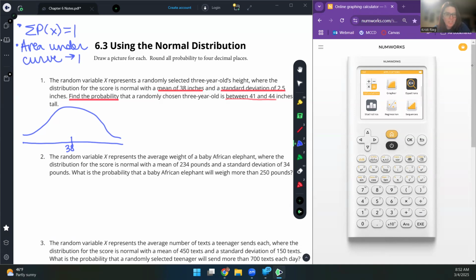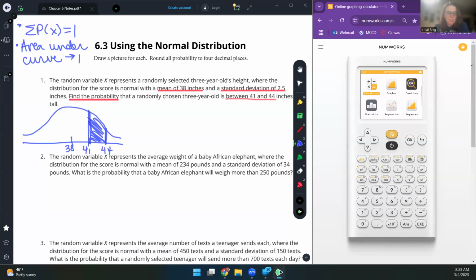Okay, so this is a number line. Bigger numbers go on the right, smaller numbers on the left. So we have 41 and 44, and it doesn't have to be perfectly to scale. However, you want to have the numbers in the right order. You want to have the middle being 38, so we can clearly see that we are looking at the space right here between 41 and 44.